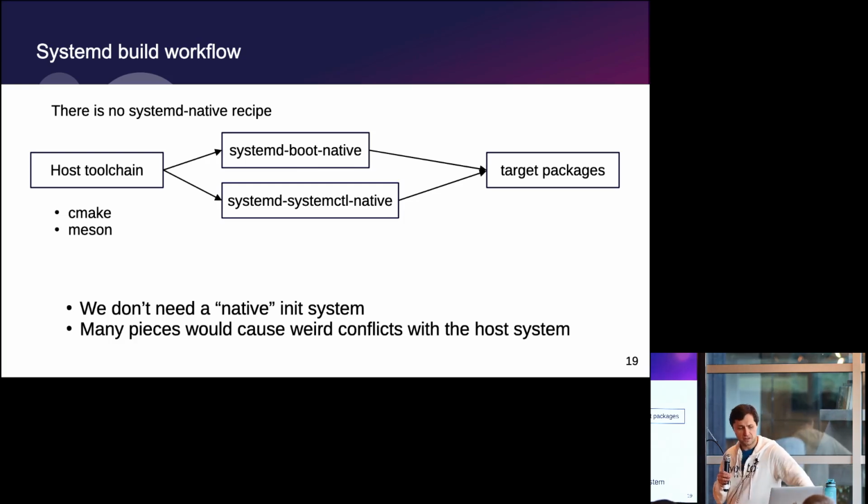And you use systemctl to enable and disable services. I think that's done either on first boot, or if you use a read-only rootfs, then you need systemctl to run at a later stage when you create the rootfs. But we don't need the full-blown systemd as a native package because it will conflict with the host system.